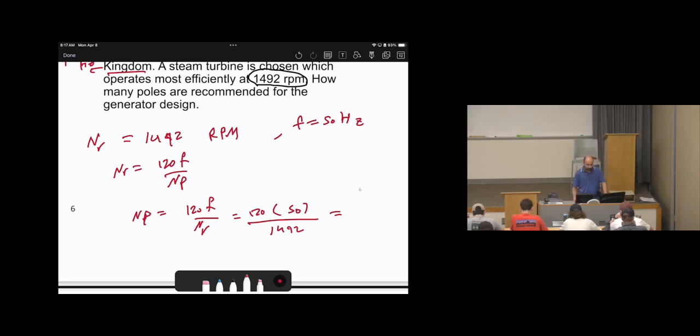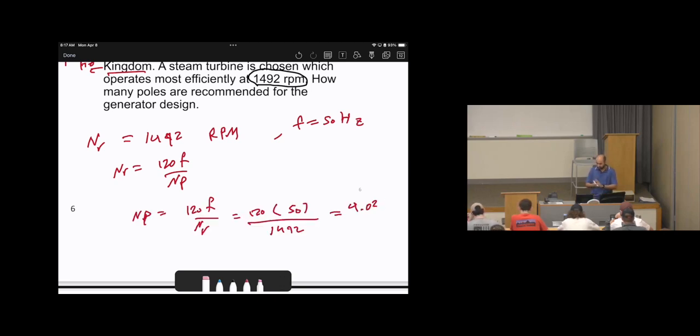Then, what will the value be? Can you calculate it? It is 4.02, whatever, like 4.02. So, what do you think the number of poles is?